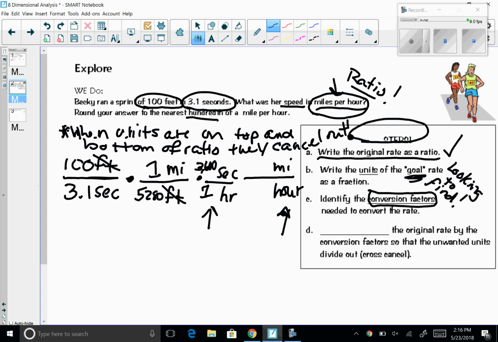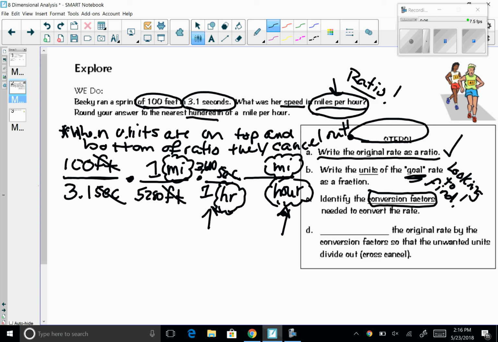Sorry if you can't read that, but there are actually 3,600 seconds in 1 hour. So now I have seconds as my units that are going to cancel out. And if you look, the only units left are miles, which I wanted to end up with on top, and hours, which I wanted to end up with on the bottom.